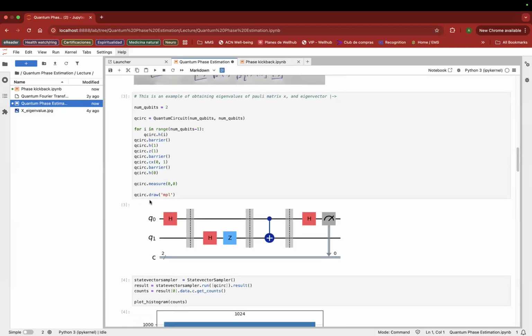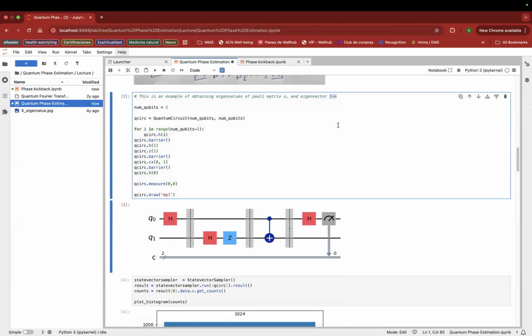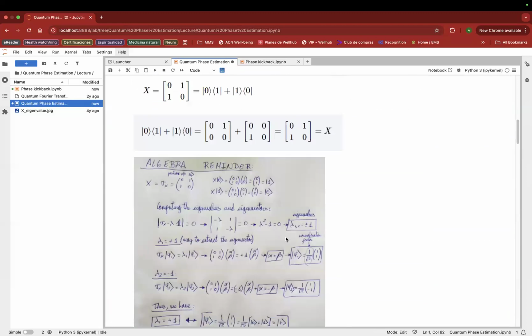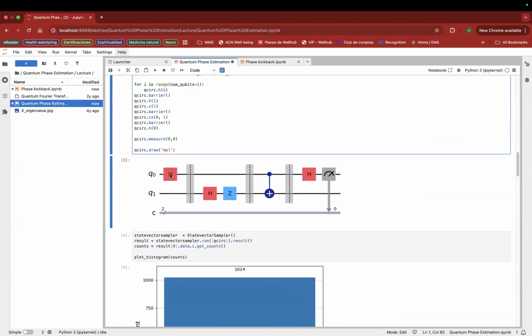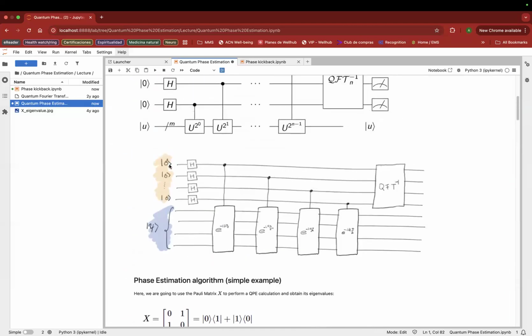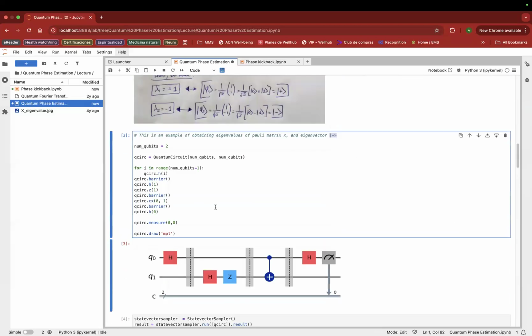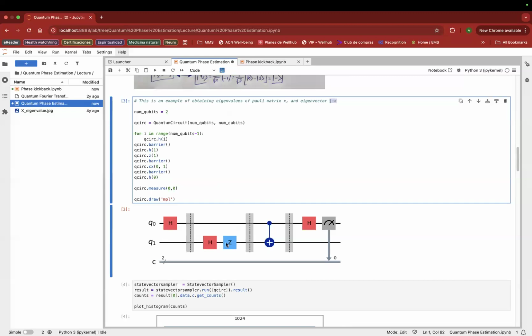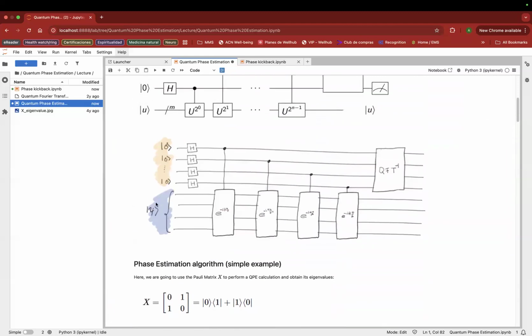Then we have here the quantum phase estimation algorithm applied to the minus gate. So we have here the control qubit, we initialize the system. Then the next operation we are applying is obtaining the minus eigenvector. And then we apply the quantum phase estimation algorithm. So if we go here: control qubit, H initialization; target qubit, prepare it.